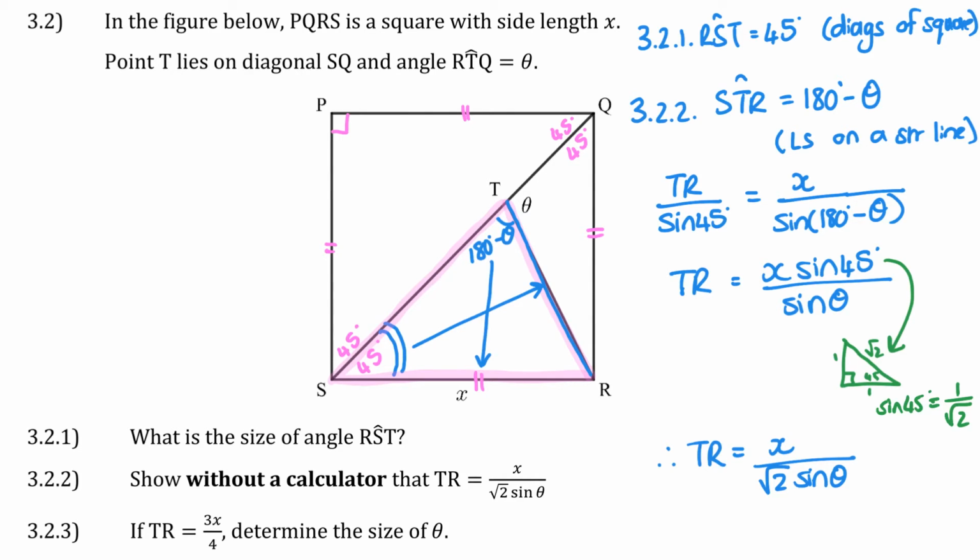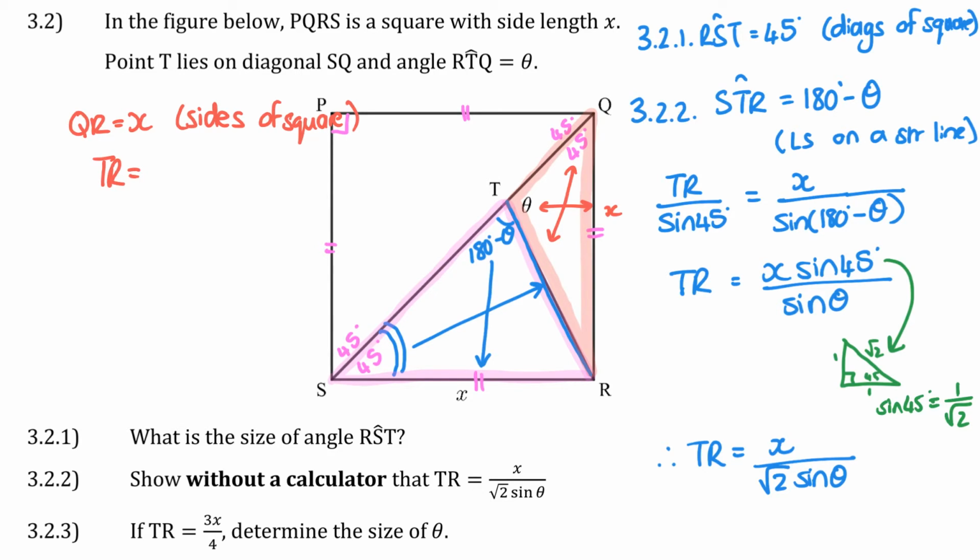Now, as a side note, there is another way to tackle this question, and the other way would be to work with this triangle here. So I'll do my working out here on the left. I'd start off by saying QR is equal to x, and then my reason would be sides of square. And then I can also use the sine rule because I've got this pair here and this pair here.